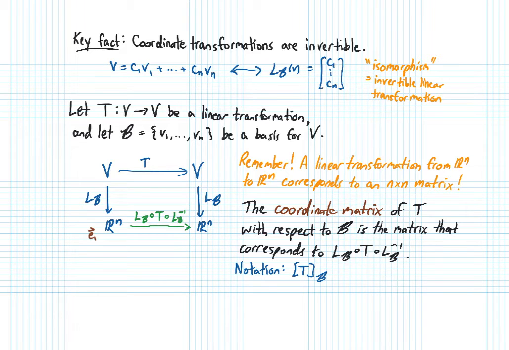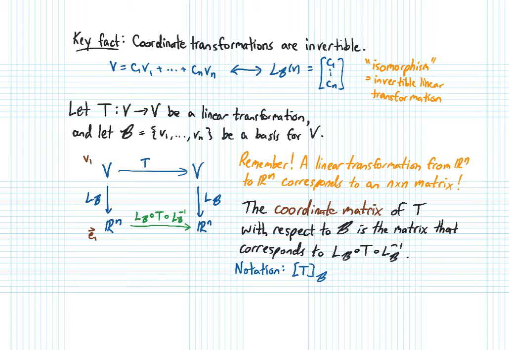Well, as we saw earlier, the coordinate transformation L_B relates the basis vectors in V to the standard basis vectors in Rn. So E1 gets related to V1 under the coordinate transformation. So when you go up, you get V1.